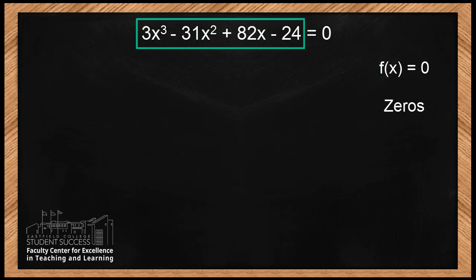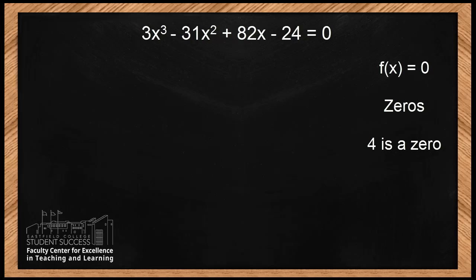The problem gives us that 4 is a zero. One of the things that should trigger in your minds as you read the portion of the problem where it says, given that 4 is a zero, is: I'm going to use synthetic division to divide my function by that zero.